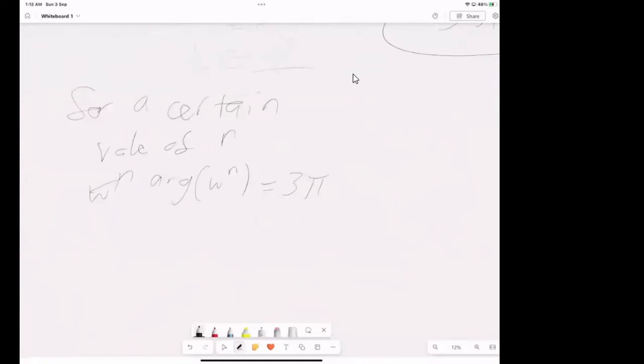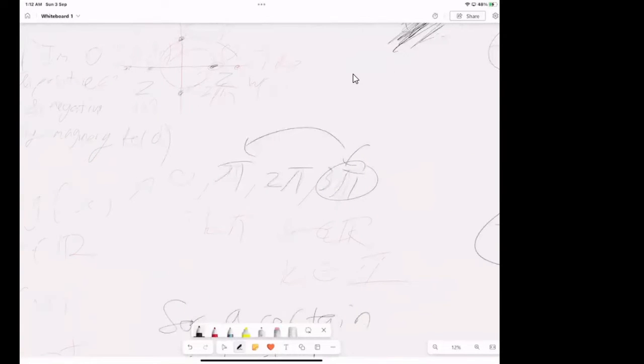We can just change it to pi by minusing 2 pi. So it doesn't really matter. We can always scale it back to the number itself.